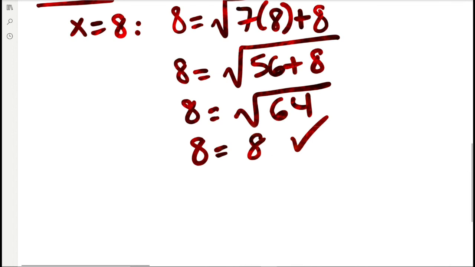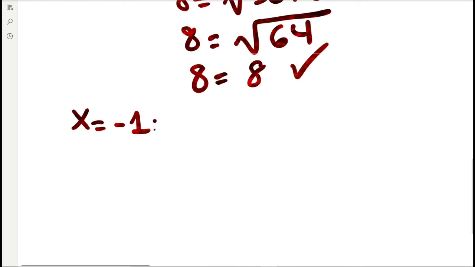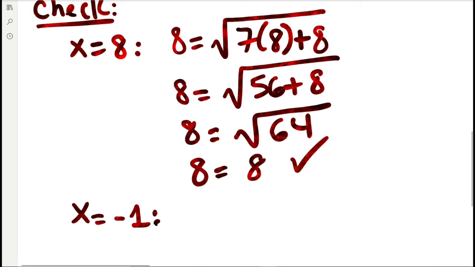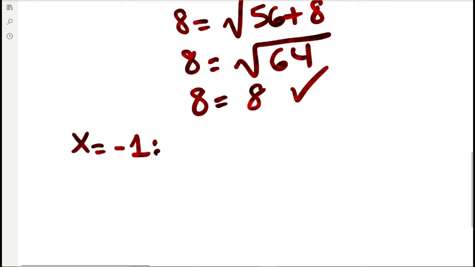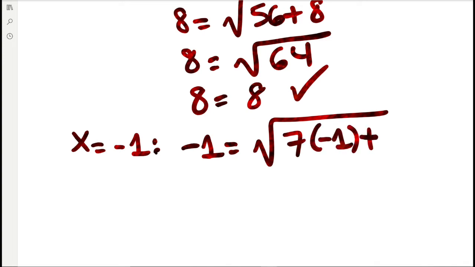Let's check the negative 1. They may both be the solution. There need not be an extraneous solution, so they could potentially both be a solution, but we need to check. So we have x equals the square root 7x plus 8.